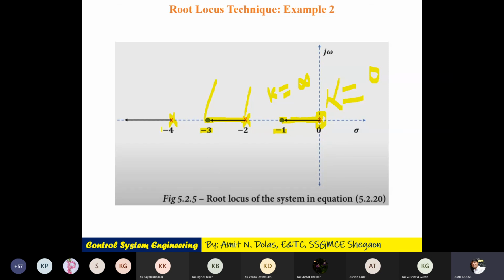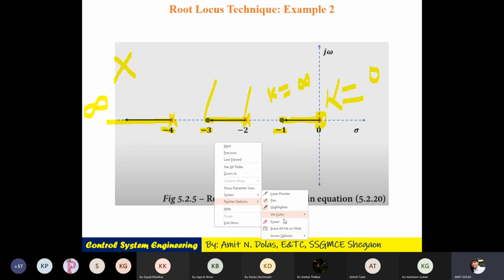But what about the third pole? We do not have a further zero in this graph. So the difference between poles and zeros, that is 3 poles minus 2 zeros, will be 1. So there will be one pole initiating a branch that will not terminate at a zero. It will terminate towards infinity. So here are the 3 branches because 3 poles are there.